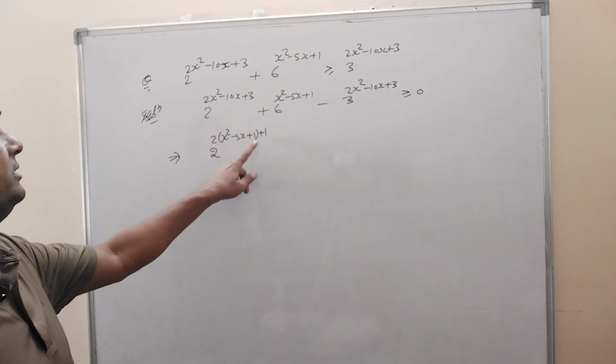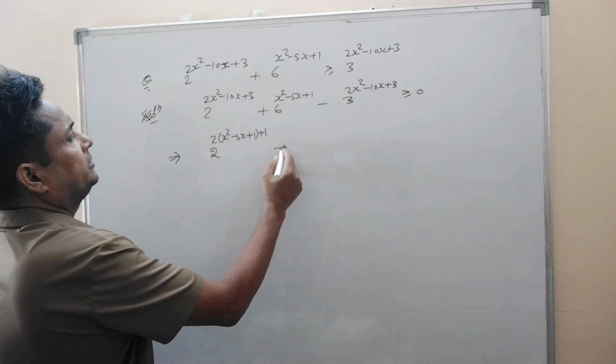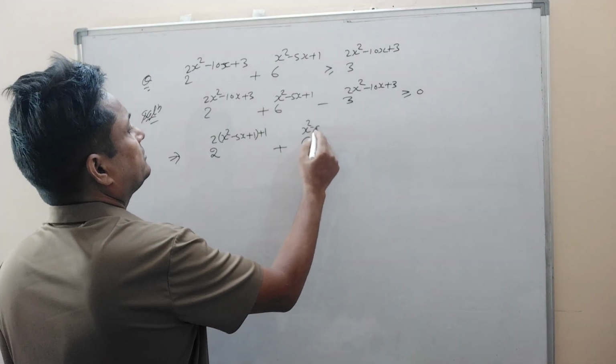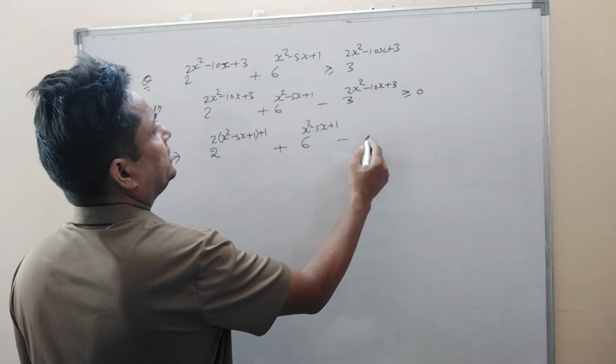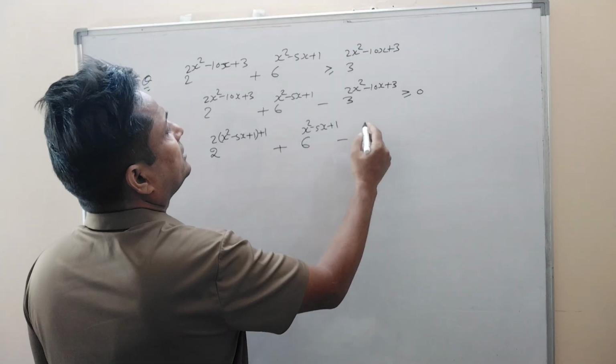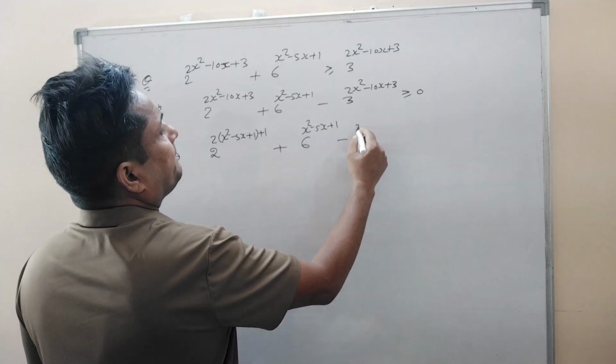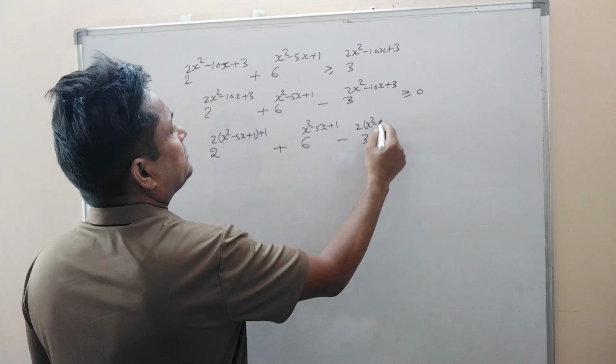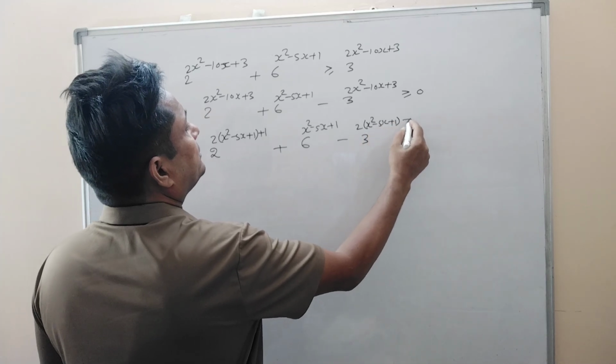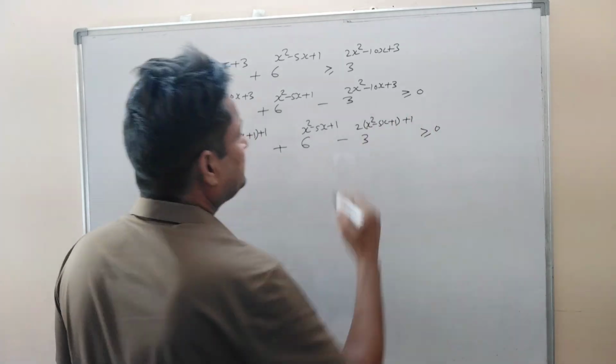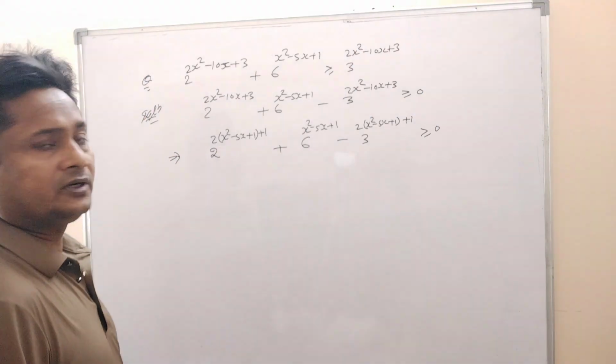Plus 6 to the power x square minus 5x plus 1 minus 3 to the power 2 times x square minus 5x plus 1 greater than or equal to 0, right?